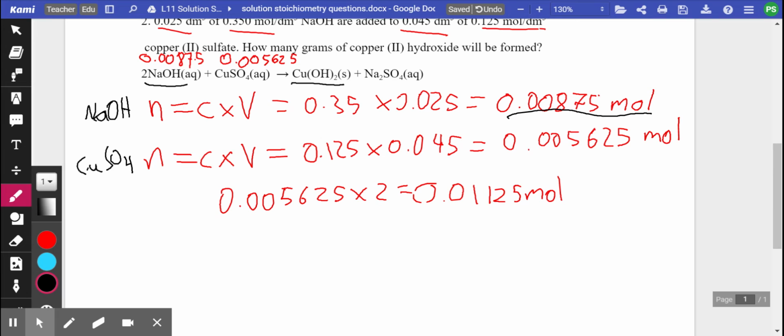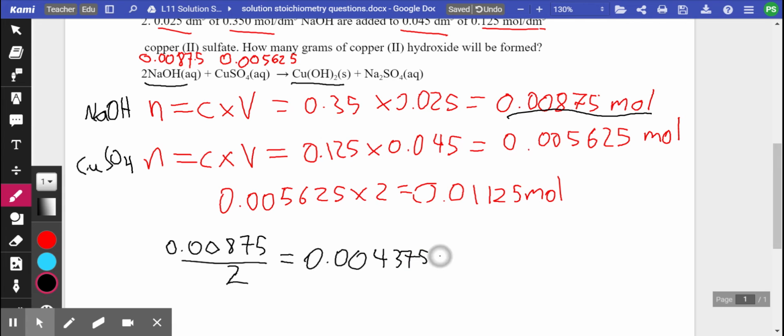So I don't have 2 moles, I have 0.00875, and I need to divide this by 2. And that gives me 0.004375 moles that I can make of copper hydroxide.